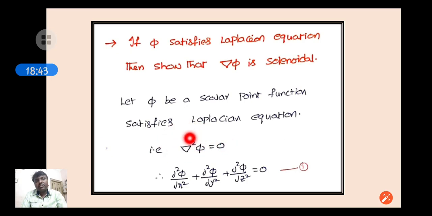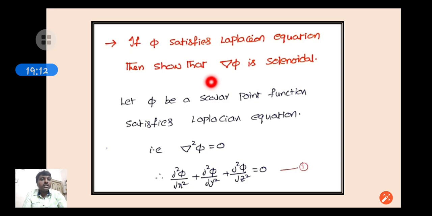Just writing the definition of del square phi: del square phi is equal to dou square phi by dou x square plus dou square phi by dou y square plus dou square phi by dou z square is equal to 0. Name it as equation number 1. So our given scalar point function satisfies the Laplace equation.